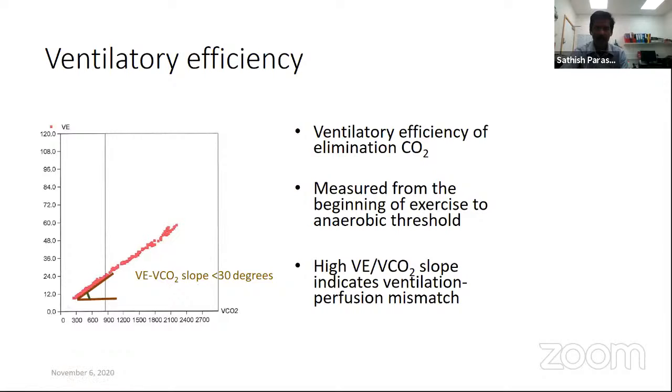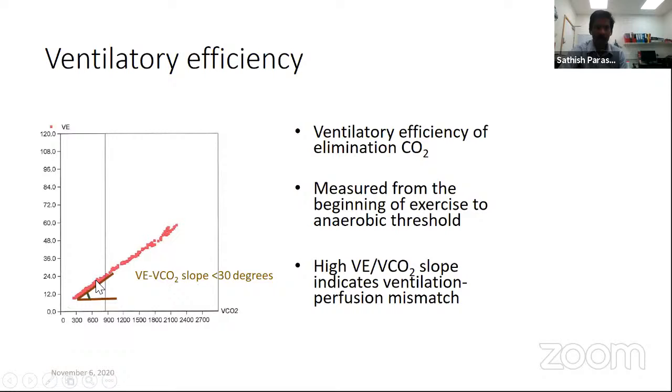It just tells us how efficient is the ventilatory system in removing the carbon dioxide produced. That's the essence of this. So if someone has to work very hard to remove the carbon dioxide produced, they are using excessive ventilation. That means there is a problem.